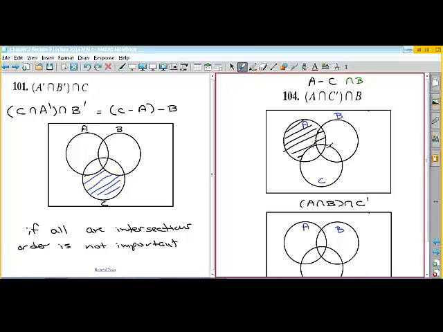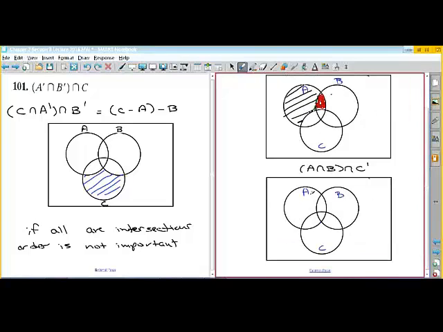The rest of them don't have any black. This would be A intersect C, but this part's not filled in, so I don't want to include that. So I could immediately say that the black lines intersect B is just this little area that's in B but also contains some of the black lines. So that's the answer.